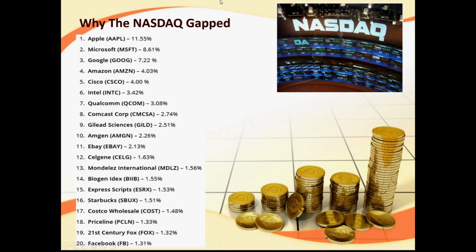There we go. This is how the NASDAQ is weighted. As you can see, Apple is 11%, Microsoft 8%, and a very large percentage of the NASDAQ is weighted in these top 10 stocks, and then it goes down from there. But if these stocks are just holding their own, this market is going to hold up.